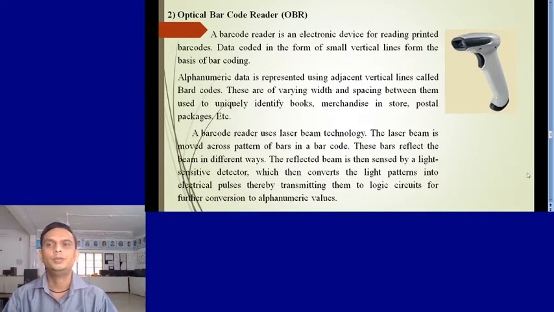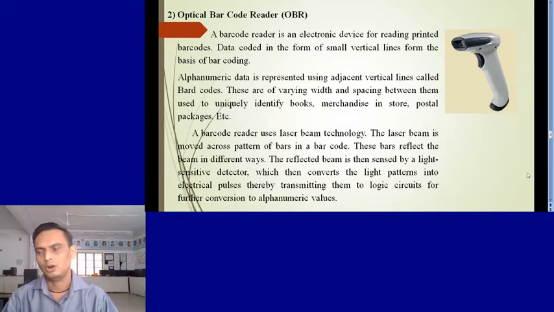Second one, the optical barcode reader, OBR. A barcode reader is an electronic device for reading printed barcodes. You know that barcodes are vertical lines which contain alphanumerical data represented by adjacent vertical black lines.